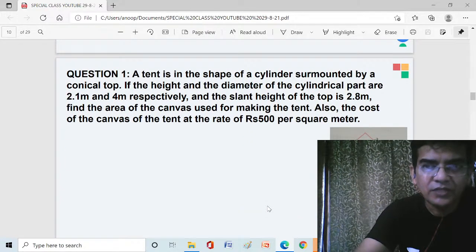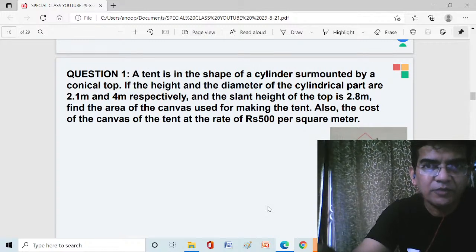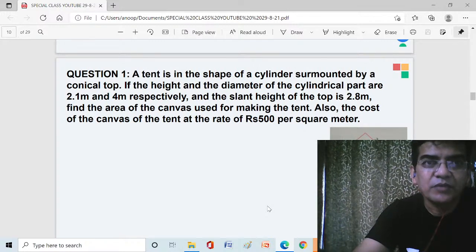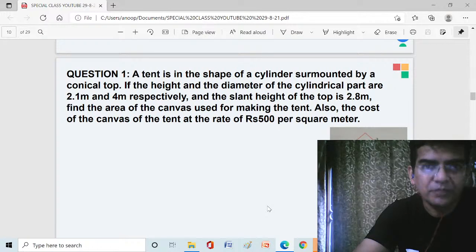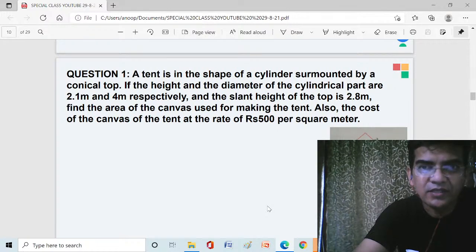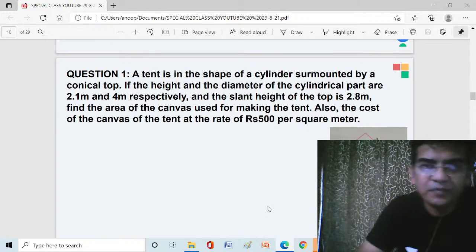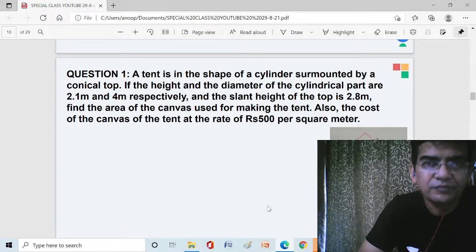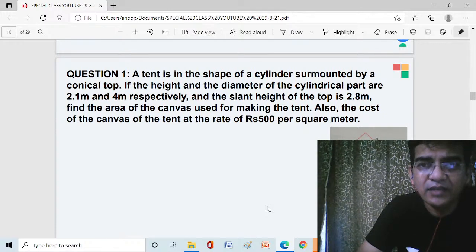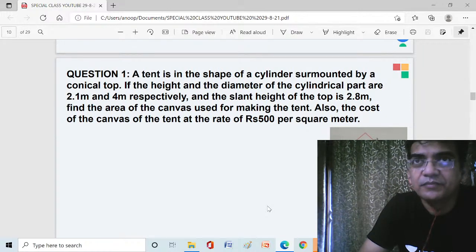In the first question, it's given that a tent is in the shape of a cylinder surmounted by a conical top. The height and the diameter of the cylindrical part are 2.1 meter and 4 meter respectively, and the slant height of the top is 2.8 meter.